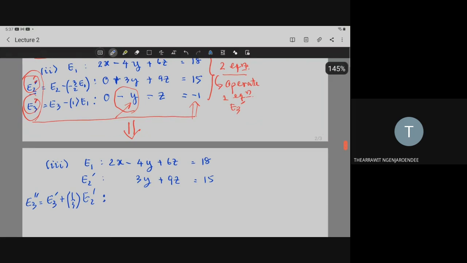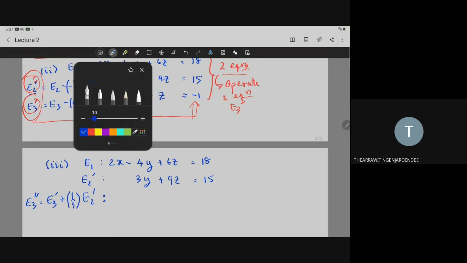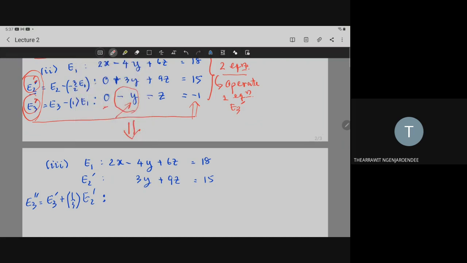So we have to start from the first term. The first term is 0 plus 1/3 of 0, which I just get 0, so nothing. For the second term, I have minus y plus 1/3 of 3y, so here I have 0, which is nothing.